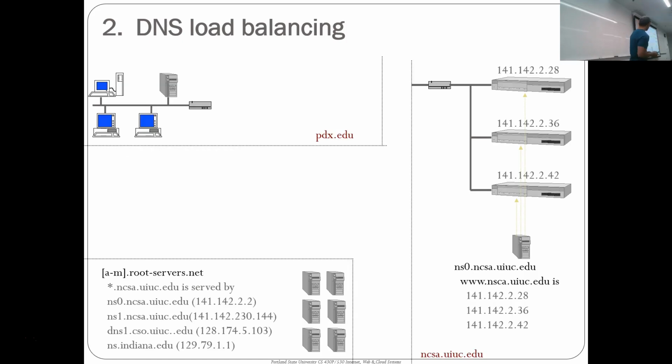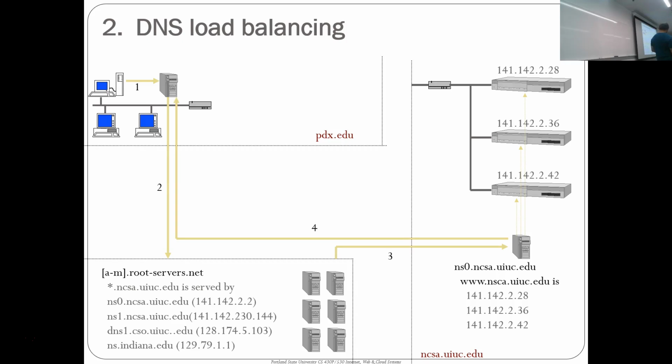So this is how it would work. Here you have an authoritative name server, and you say this name that everyone's trying to hit to download a browser from is these 3 IP addresses. And then here's your root server and then your pdx.edu. So I'm going to ask for the name. The name is going to get me to the root servers. The root servers eventually are going to give me to the authority. And then the authority is going to round robin one of these and say it gives me the .28.